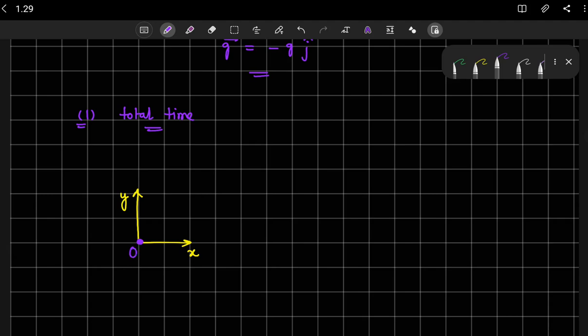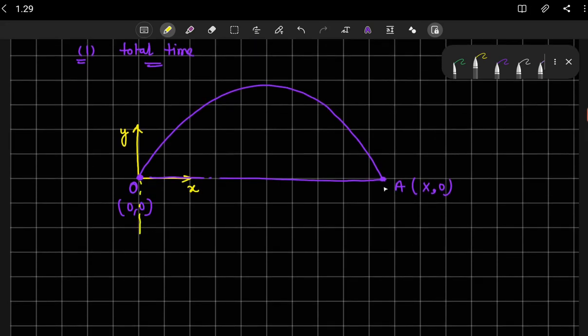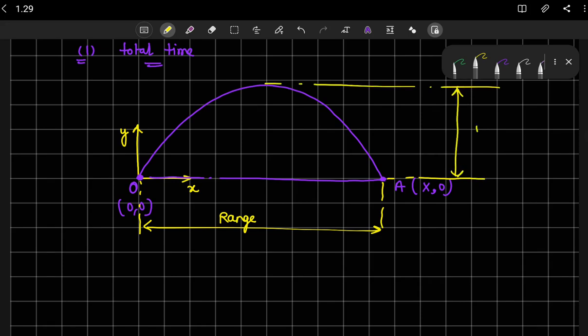Let us say this point is O, (0, 0), and it follows a parabolic path and goes to this particular point, let us say A, (range, 0), or (x, 0). The distance between O and A represents the range of the entire motion, and this particular distance represents the maximum height.